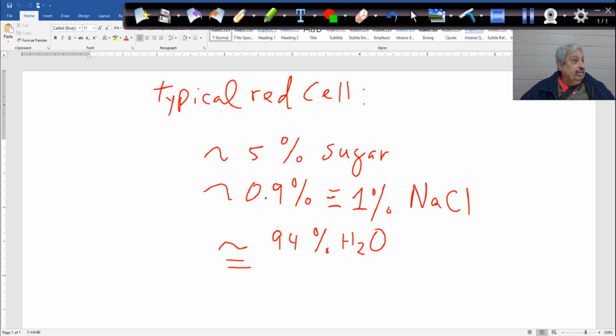That's a typical major contents. And you might have other electrolytes, but in very tiny, small concentration.